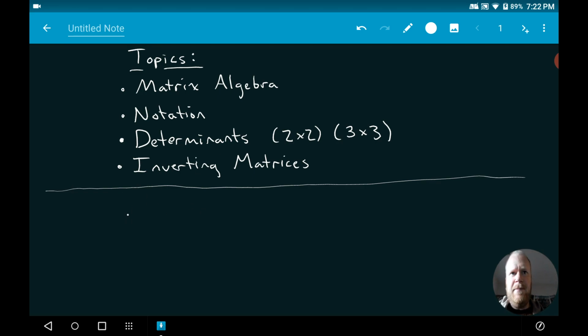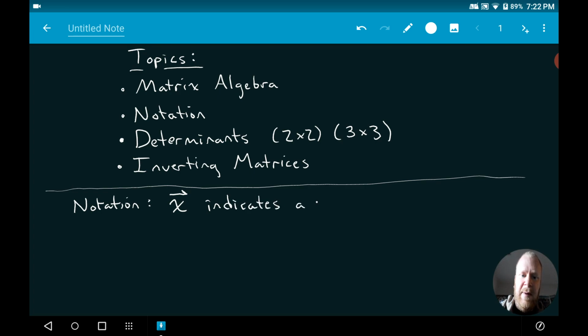But to start off, I'll just say that my notation, I'm going to use this little arrow on top here and say that this indicates a vector which has dimensions, let's say n by 1.